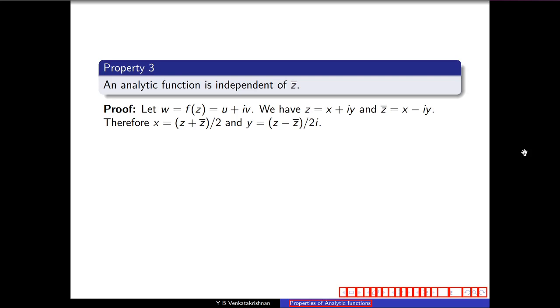And if I have an analytic function, I have to show that it is independent of the conjugate of z. That is, an analytic function cannot be of the form z bar, because it should not contain z bar. So that is the meaning.